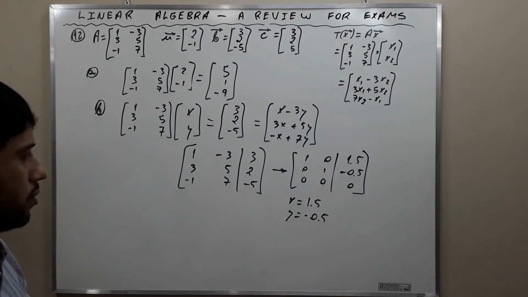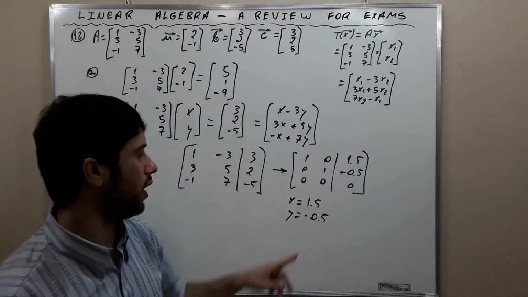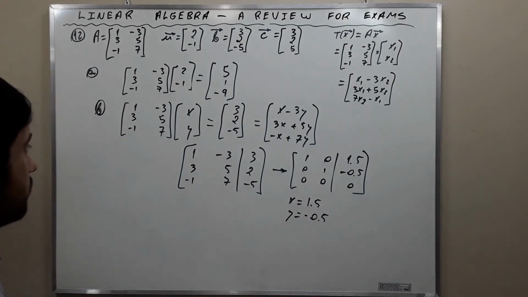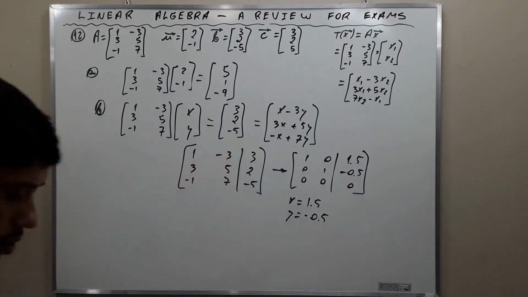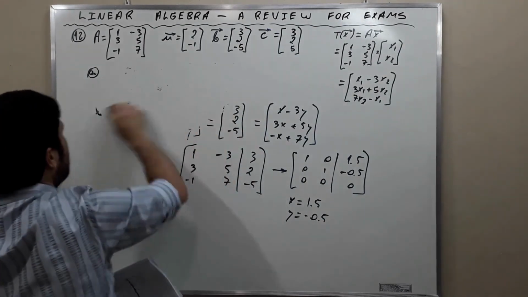Had we found something different here, okay, there would be the possibility of other vectors producing B as image. Okay, let's go to letter D.